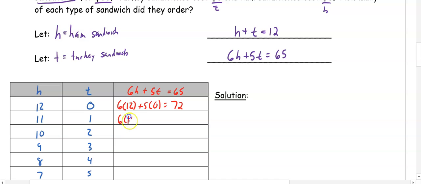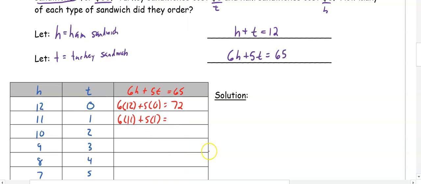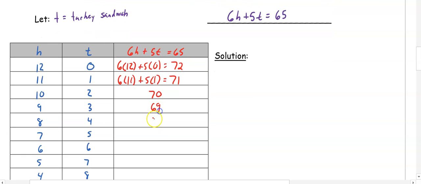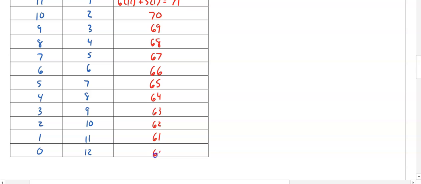Our next row, 6 times 11 plus 5 times 1 will get us 71. If I notice the numbers are going down by ones, so we would have 70, 69, 68, 67, 66, 65, 64, 63, 62, 61, and 60.